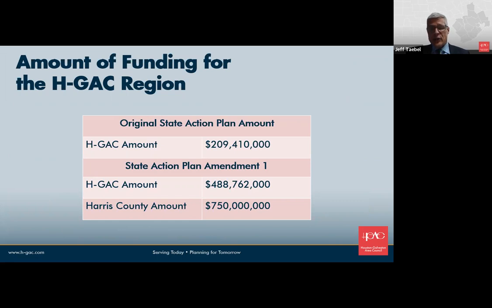In the state action plan, a second round of a statewide Hurricane Harvey competition that was meant to look at larger scale projects was removed, and that funding was reallocated to regional councils, including H-GAC, and a direct allocation was also provided to Harris County of $750 million.